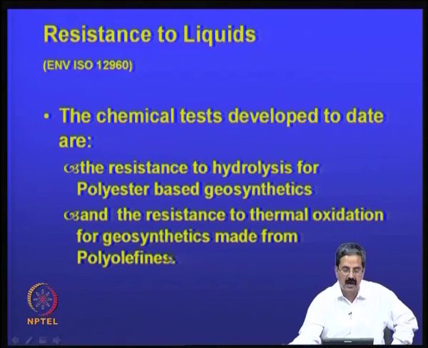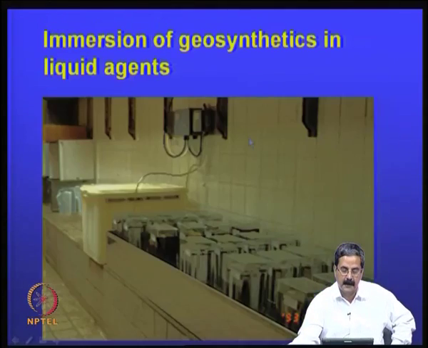So, you have to find out some of these weaknesses of these geosynthetic materials, whether in chemical conditions or environmental conditions, and see that such conditions are not encountered. Of course, the conditions are not easy to overcome, but you have to choose a material that will not have difficulties when you have this type of conditions.